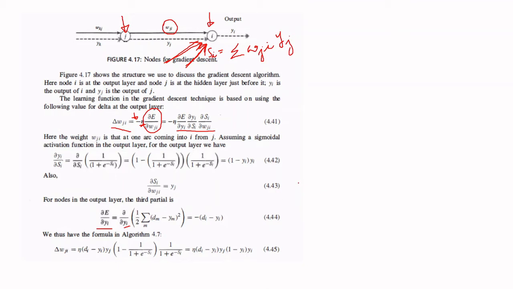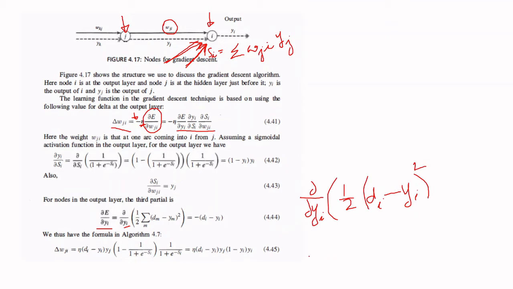So you need to estimate dou by dou Yi of, so basically it comes to 1 by 2 into di minus Yi the whole square.